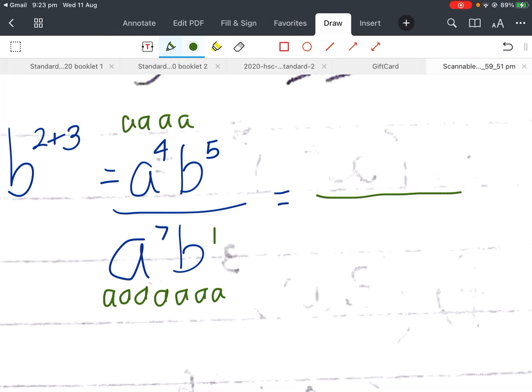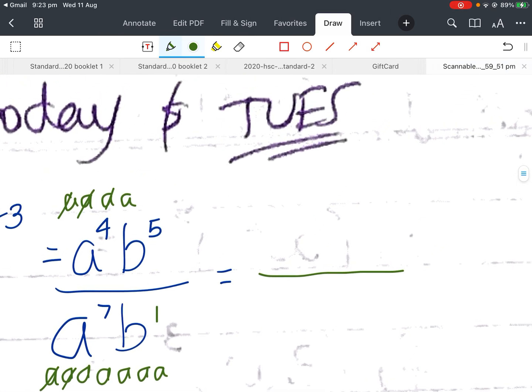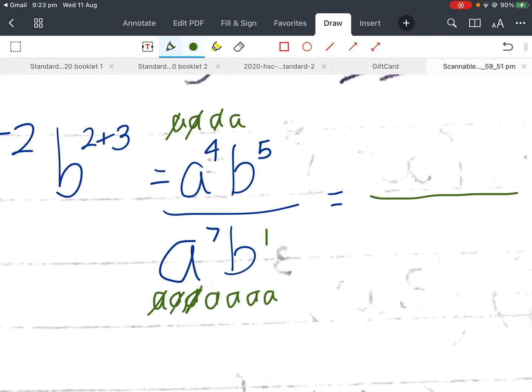So the a's, I can cross off 1 a on the top for 1 a on the bottom. Come on. So on the bottom you should notice we're left with 3 a's. That's a times a times a, so we write that as a to the power of 3.